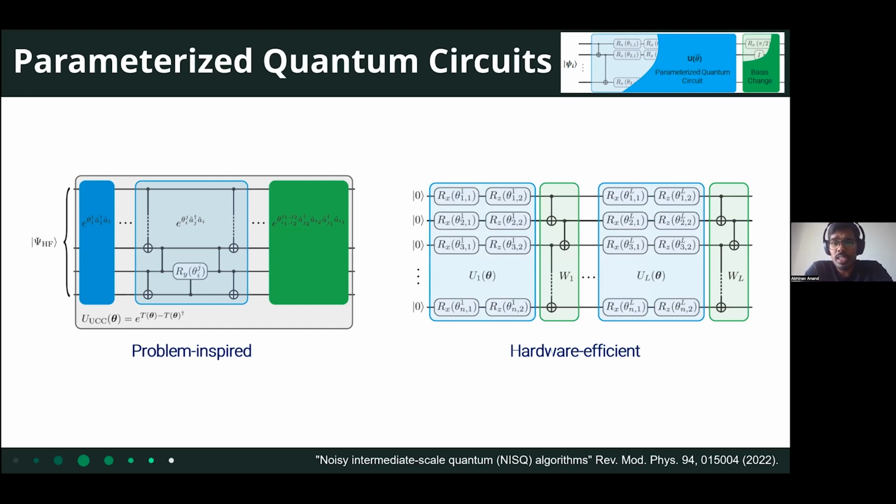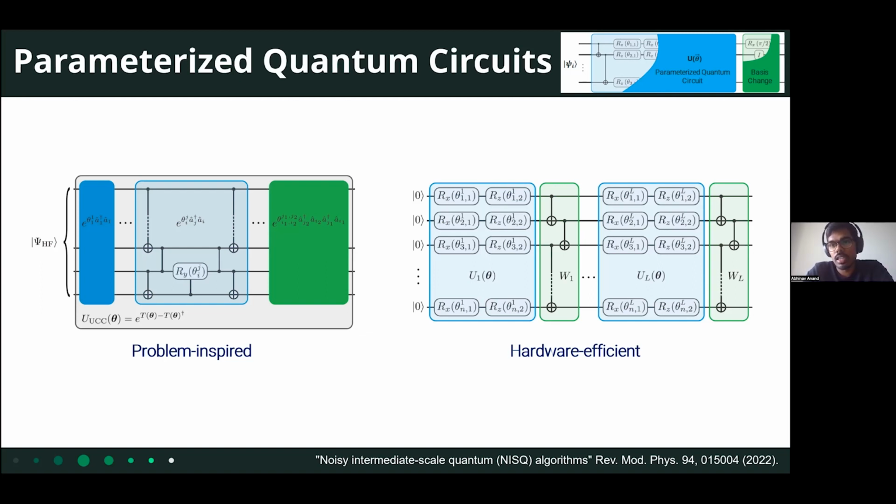But there's no rule for constructing these hardware efficient circuits. People usually just construct layers of these circuits and repeat them a few times in the hope, again, as I said, it's more like wishful thinking, that if I repeat it more times, I would be able to reach the solution that I'm after.